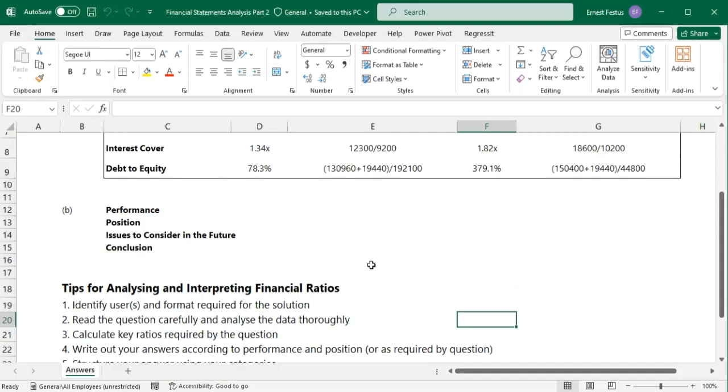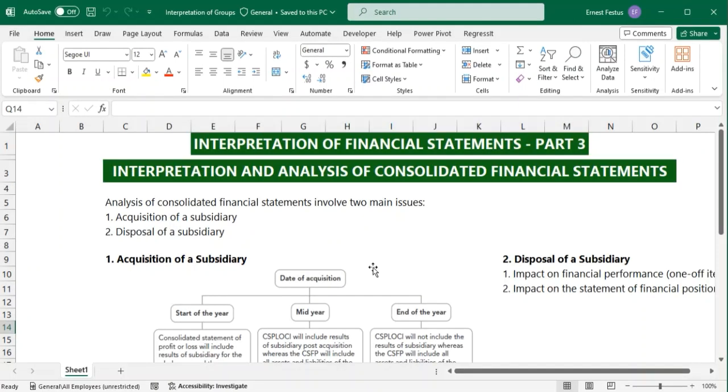Now, today we are going to consider the consolidated financial statements. The difference between the consolidated financial statements and the single entity financial statements analysis and interpretation is on the interpretation and the analysis, because the figures have undergone a change.